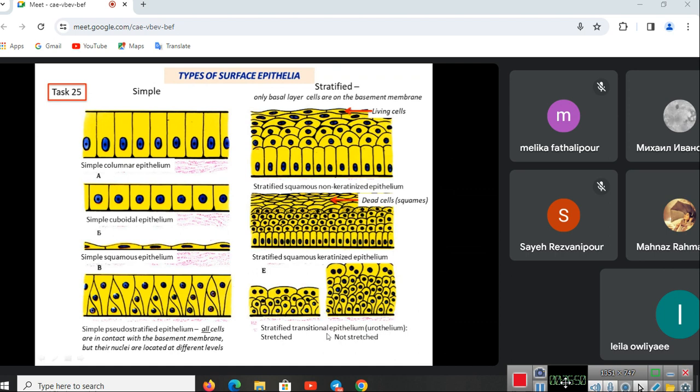And this epithelium changes its shape somewhat in different degrees of stretching of the urinary bladder. So if the urinary bladder is filled with urine, then it stretches, it becomes larger. And what happens to epithelium?